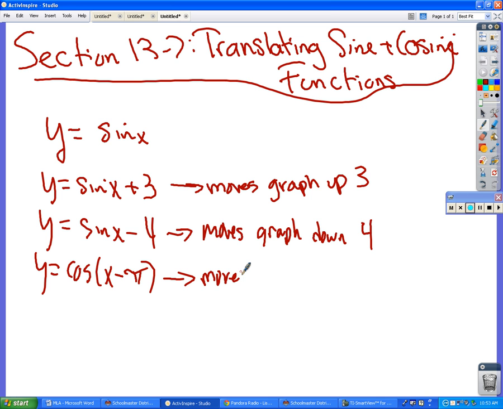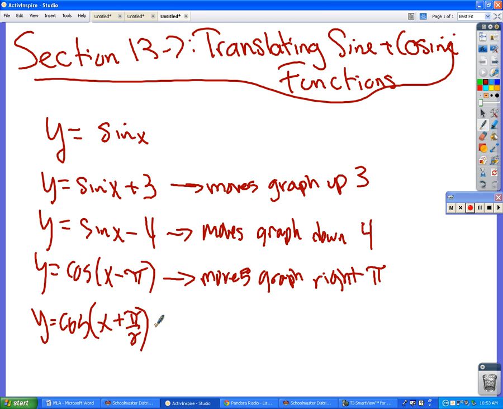Because inside the parentheses is opposite, so this is going to move the graph to the right pi units. If I go plus pi over 2, then that's going to move the graph left pi over 2, okay?